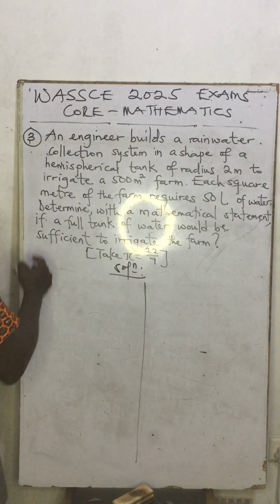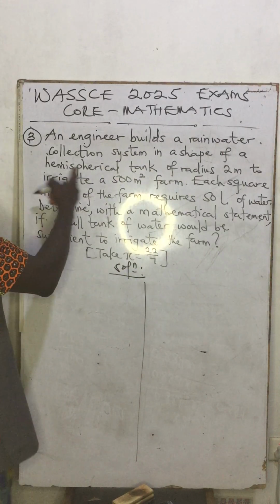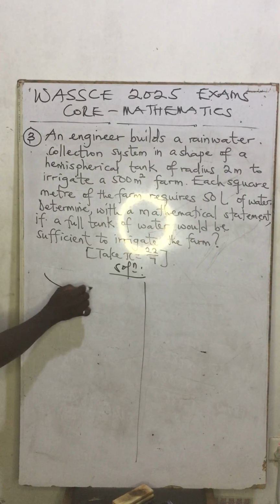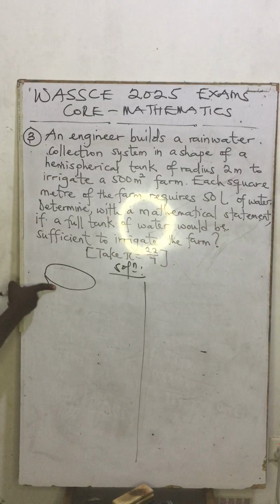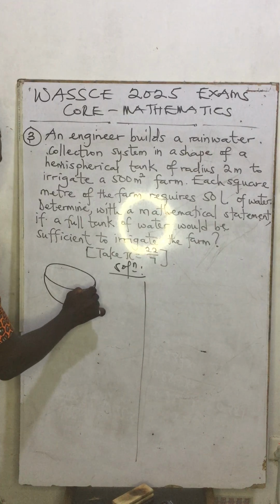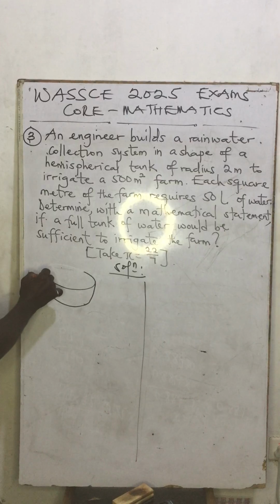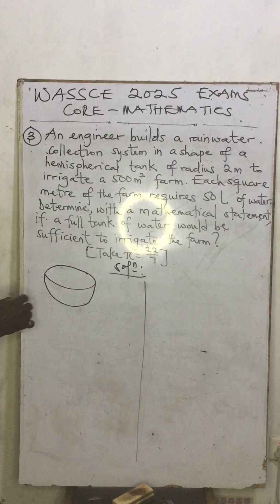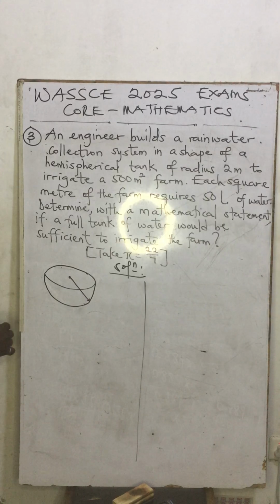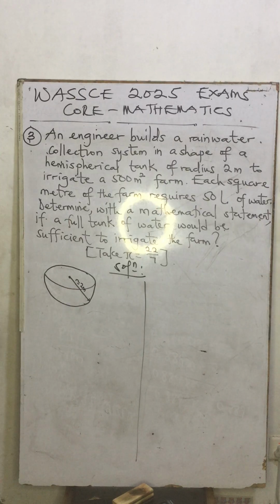So now let's see. An engineer builds a rainwater collection system in the shape of a hemispherical tank. So that's a hemisphere, and the radius is just 2 meters.